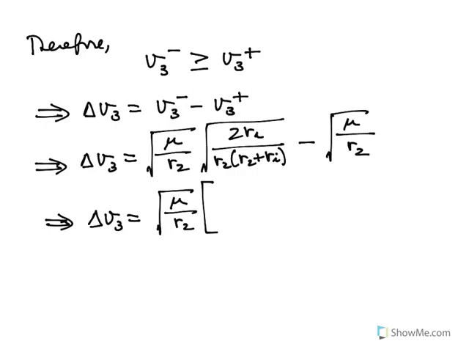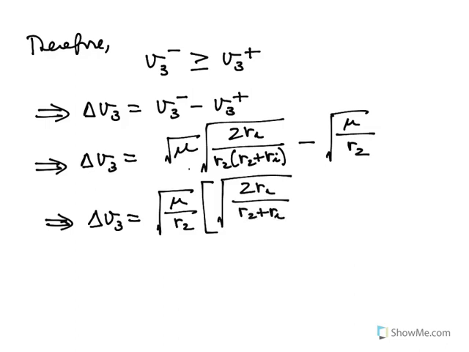Actually, back up one step here. This is just the square root of mu. So this gives the square root of mu over R2 times the square root of 2Ri all divided by R2 plus Ri, minus 1, when we're all done simplifying that.